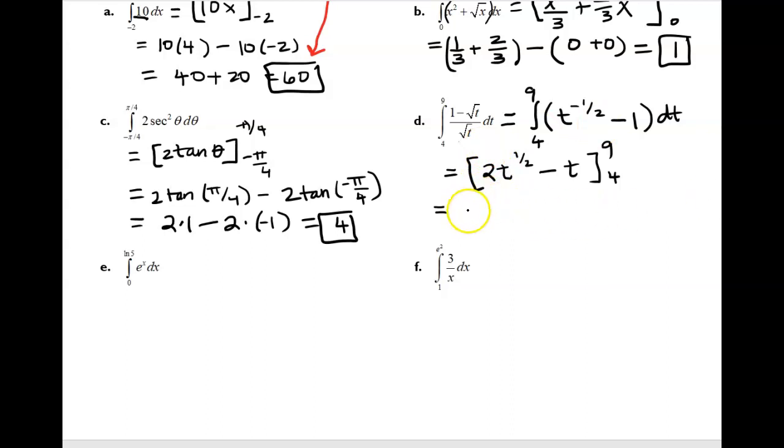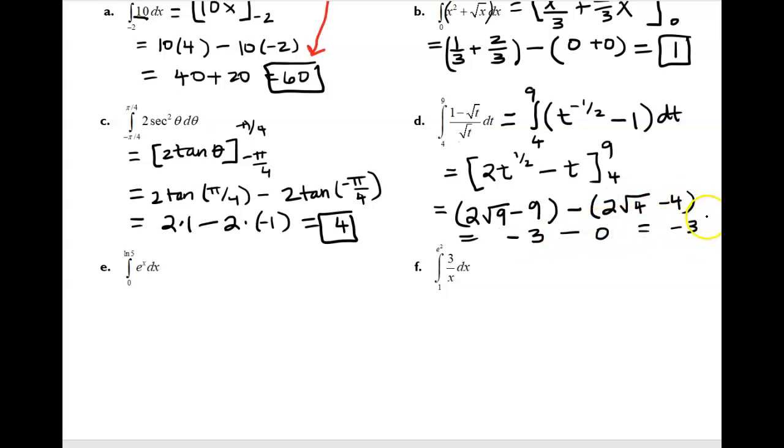So we have 2 square root of 9 minus 9, that's our first term, minus 2 square root of 4 minus 4. Again, pay attention to your parentheses here when we have that negative. So this is 6 minus 9, that's -3, minus 4 minus 4, that's 0. So my answer is -3.